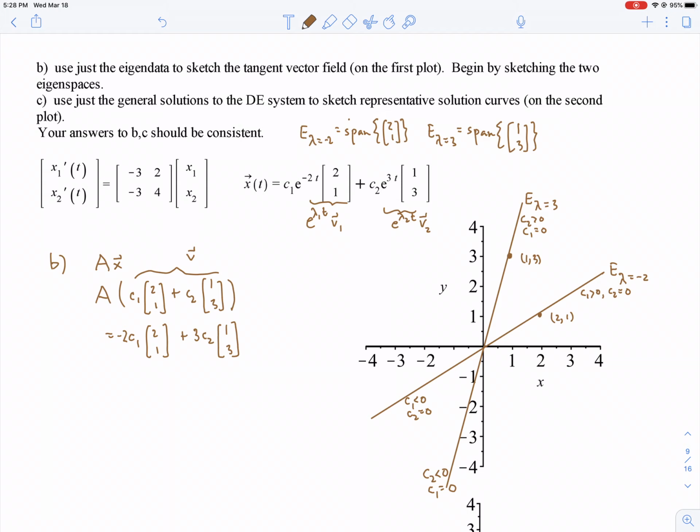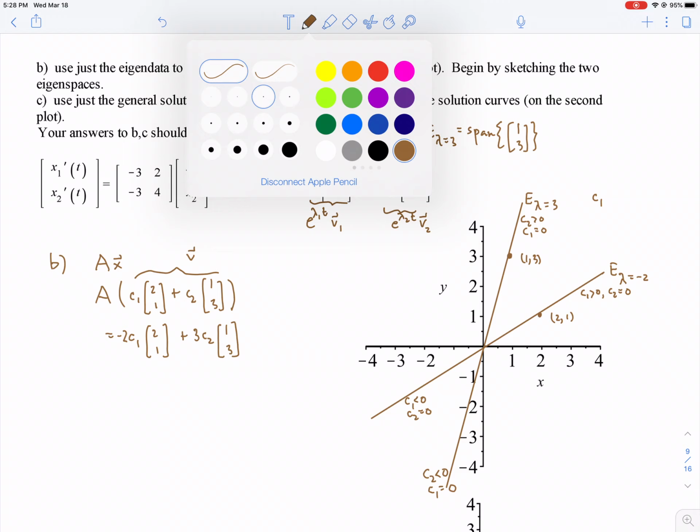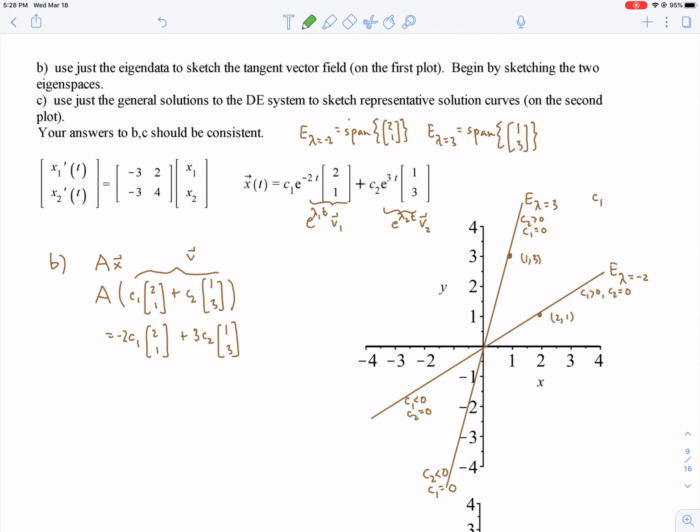And in this first quadrant, in analogy to how we name quadrants in the standard basis, the C1s are positive because I'm going along the positive direction of the -2 eigenspace, and then I'm going in the positive direction of the (1, 3) vector as well.